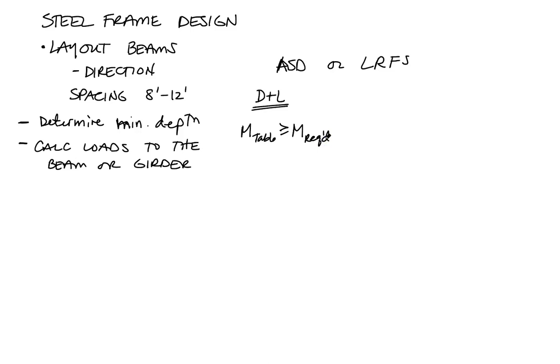And that would be from the table that we just looked at on page 16. LRFD, load and resistance factor design, that's going to be 1.2 times the dead load plus 1.6 times the live load. And that gives us a usable moment, and that needs to be greater than or equal to M required.